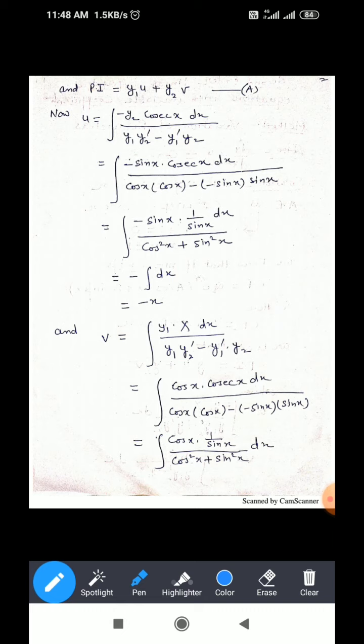Then this is equal to integration of cos x into cosec x dx upon cos x into cos x plus sin x into sin x. Here we know that cos x into cosec x is equal to cot x, because cosec x is equal to 1 upon sin x and cos x upon sin x is equal to cot x, and cos square x plus sin square x is equal to 1.